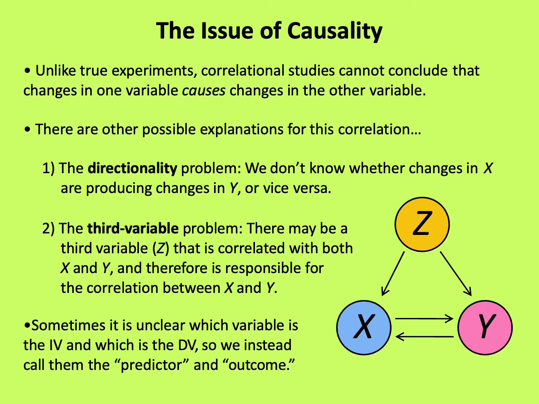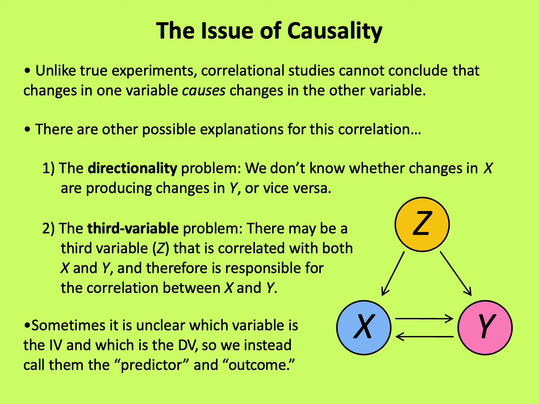But it's also possible that a third variable is causing that relationship. Okay? So sometimes it's unclear which variable is the independent variable and which is the dependent variable, right? Which is where we get predictor and outcome from, right?